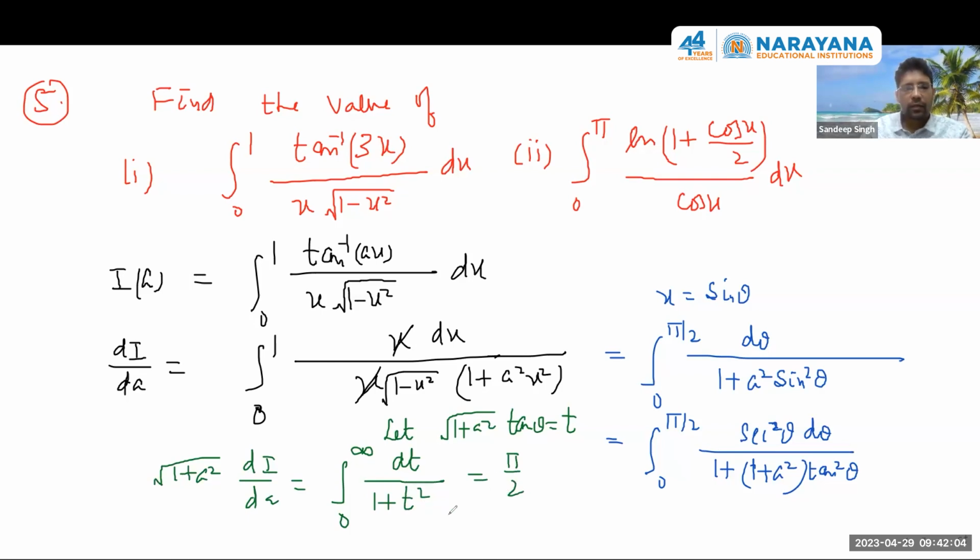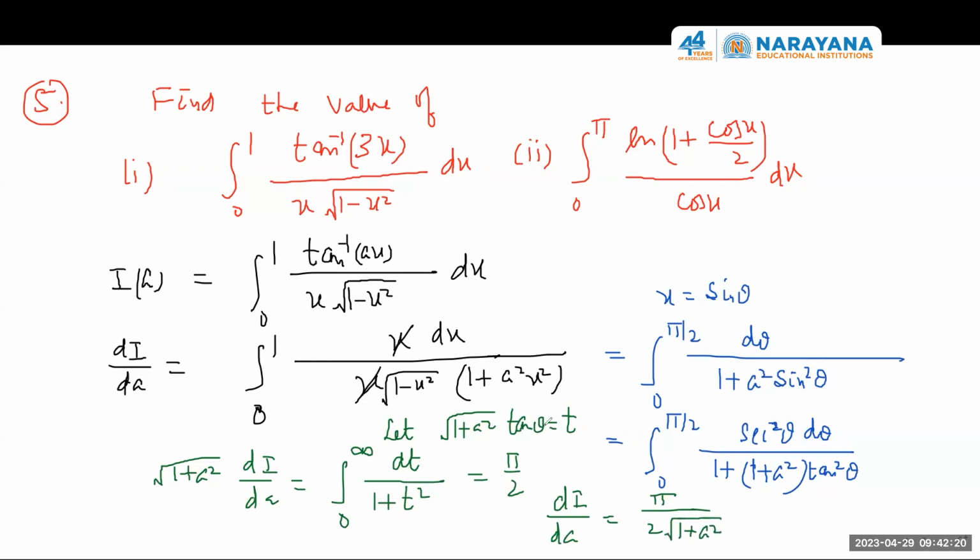So by integration, how much is dI by dA? Yes, pi by 2. Am I doing correctly? Everyone check once. Just check. Sir, that pi by 2 part, could you explain? Integration of this is tan inverse t.